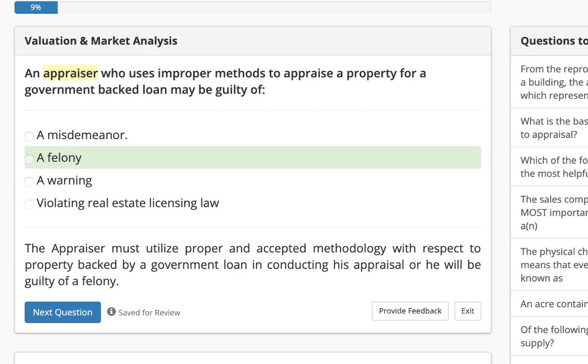So it's not important for you guys to necessarily understand what's behind that, but that when you're talking about somebody basically defrauding the government, you're probably going to be guilty of a felony. And very specifically in this case, you're going to be guilty of a felony.